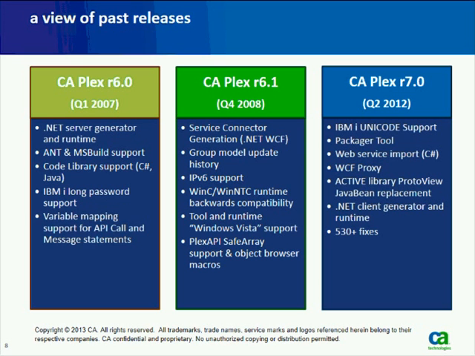As we've been going through all of these releases, although it looks like there's a long time between those releases, we've also been putting out a lot of PTF releases and what we call published PTF releases. So, between Plex 6.1 and 7.0, we published over 530 fixes, and those were regularly scheduled PTF builds. In some cases, they related to new functionality that was added.